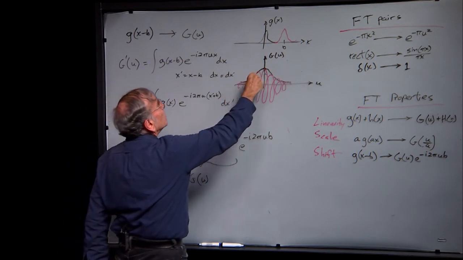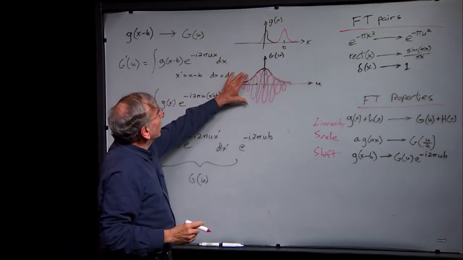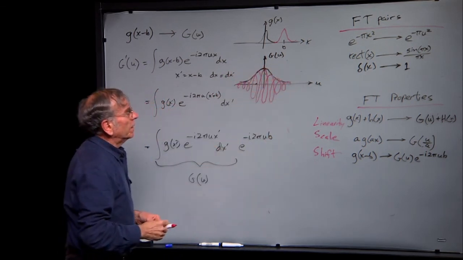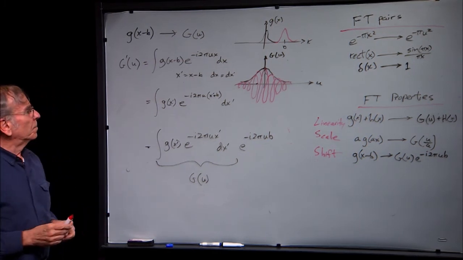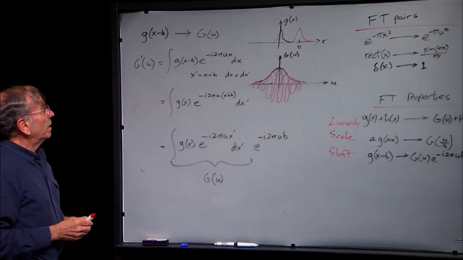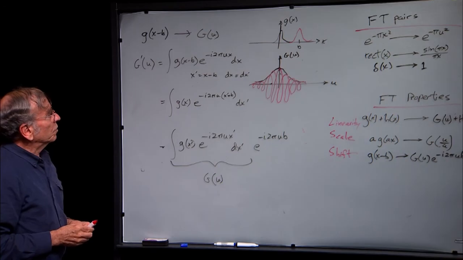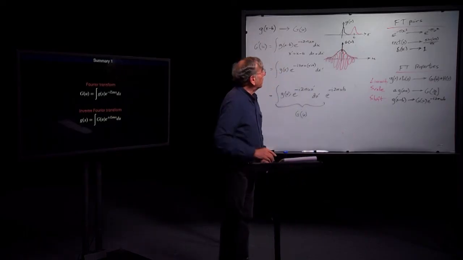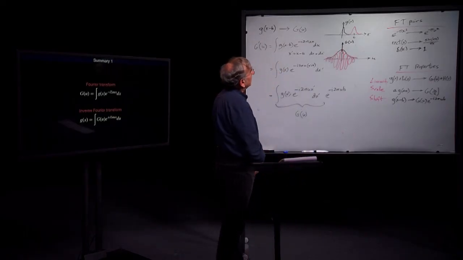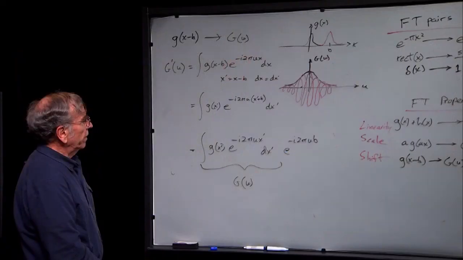And so this becomes a sort of spiral whose envelope is equal to the original Fourier transform of the Gaussian function.